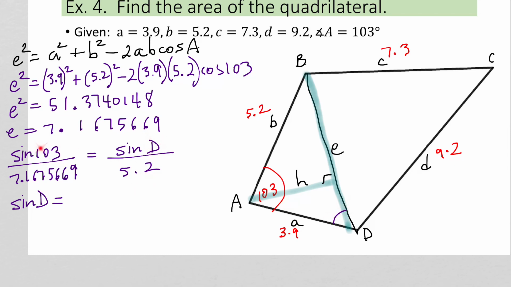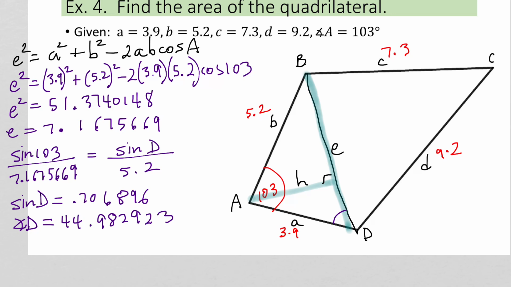Cross multiply, divide by this number. You should get the sine of D equal to this number here. Then if I take the inverse sine of both sides, I will get angle D. So now I have angle D.